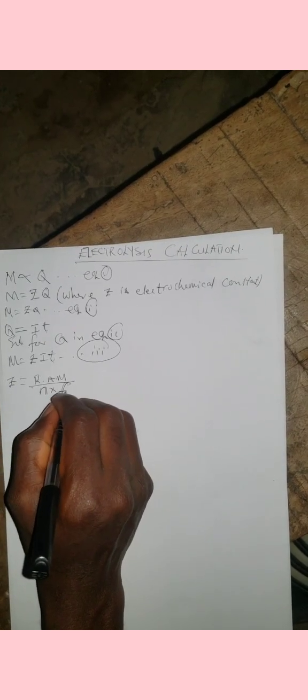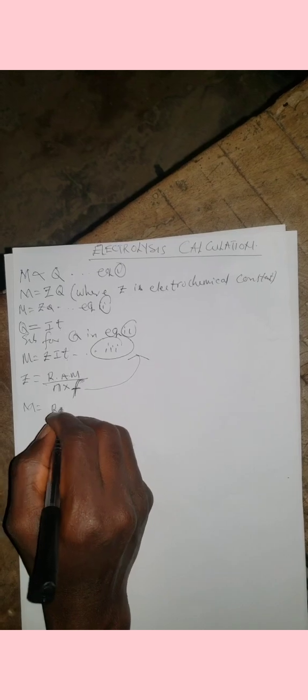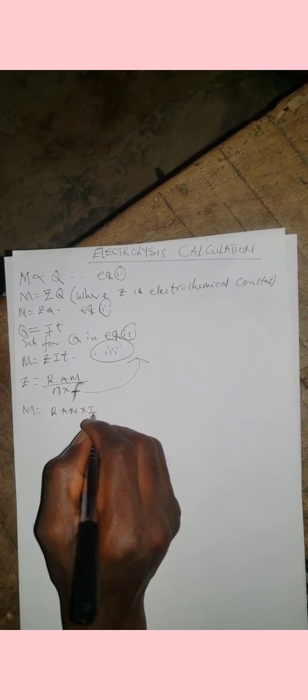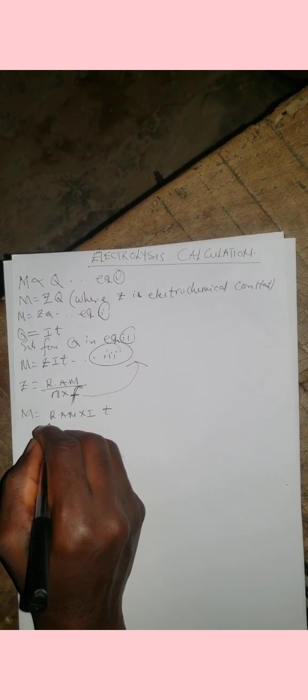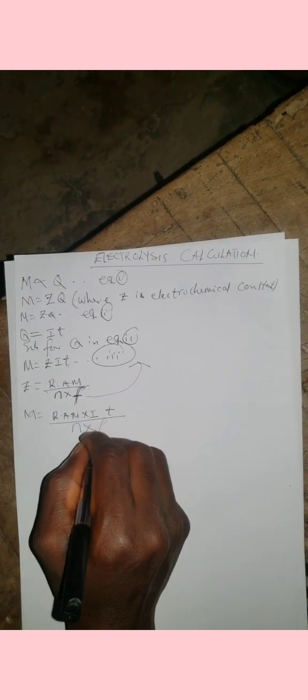This N stands for number of charges, multiplied by the constant, which is Faraday, 96,500. So then we substitute this into equation 3. This will now be M is equal to, instead of Z, we put relative atomic mass, times current, which is I, times time, divided by N, which is number of charges, times Faraday's constant.